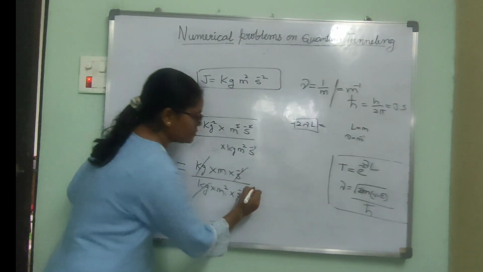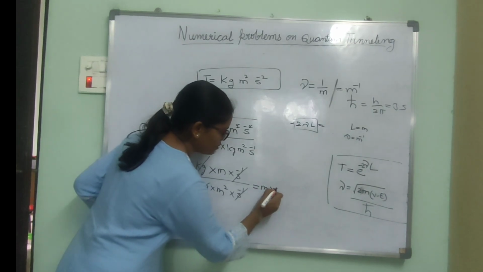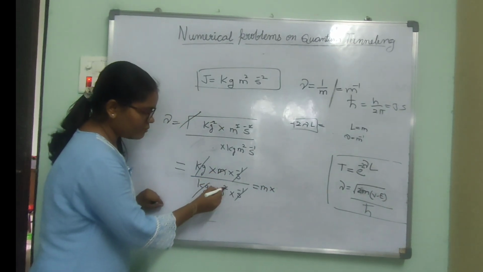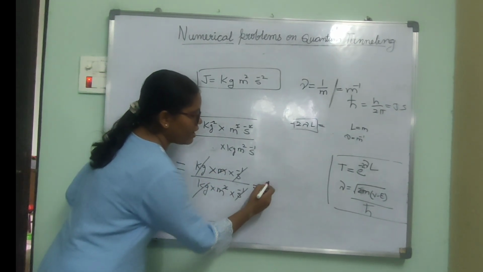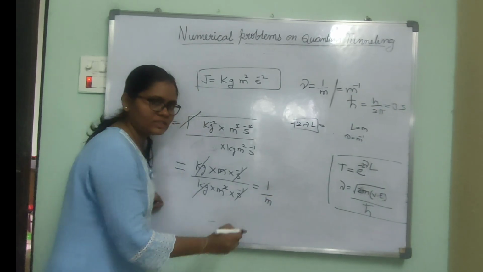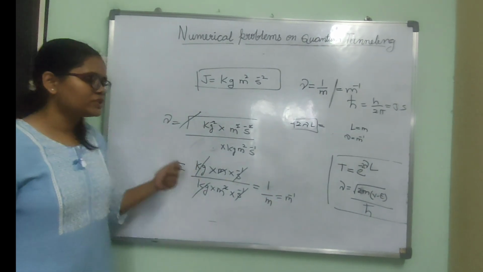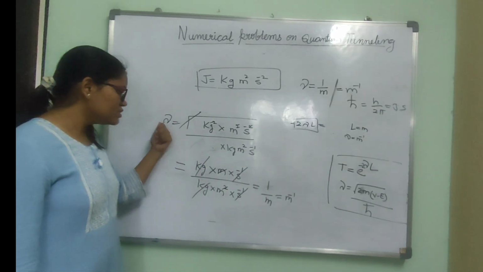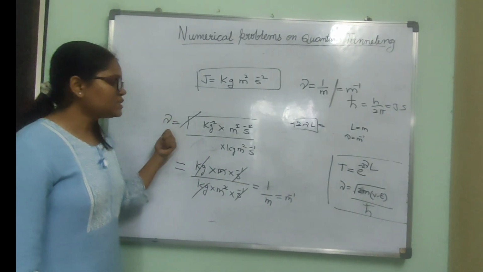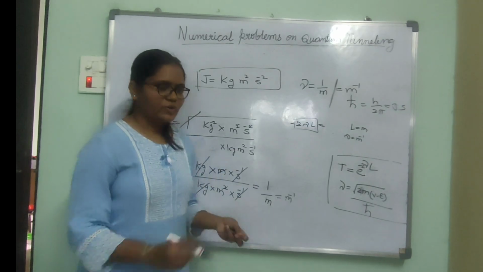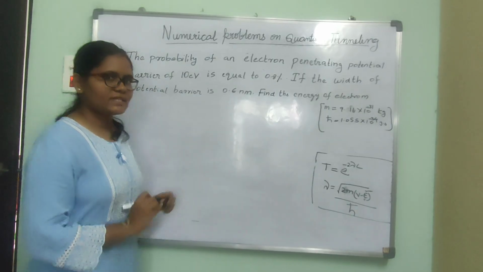Now you have meter into, okay, I'll cancel 1 meter here. So you have 1 over meter, which is meter inverse. Now you have to agree with me that the unit of this parameter gamma is meter inverse. Okay. Now let us solve this second question.